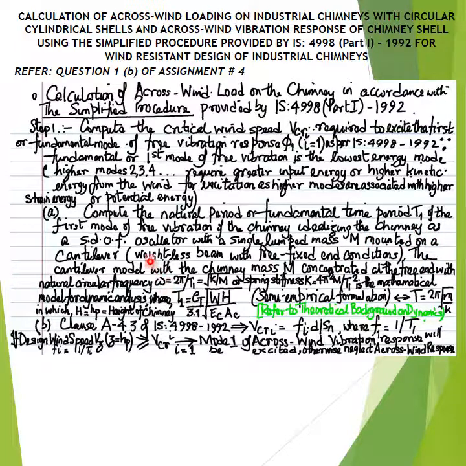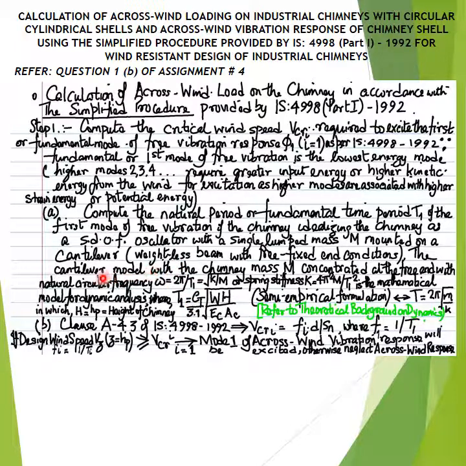The cantilever model has the chimney mass M concentrated at the free end of the weightless cantilever, with the natural circular frequency of the single degree of freedom model, thus idealized, denoted as omega, given as 2 pi by T1.